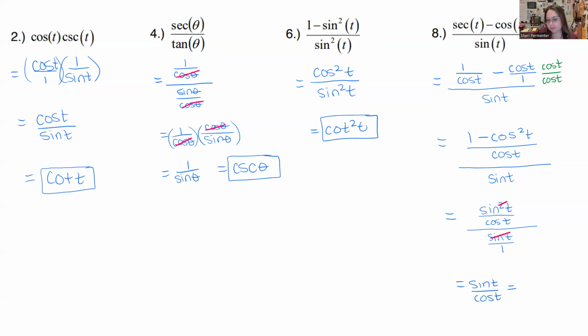Sine over cosine. Tangent. So we took something kind of ugly and complicated, and we simplified it down to one trig function with no fractions.